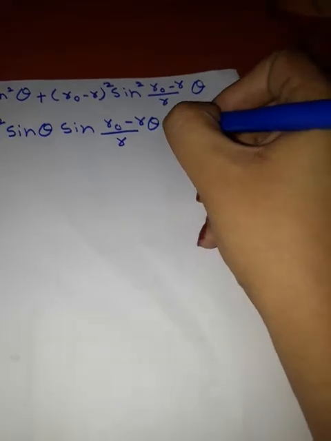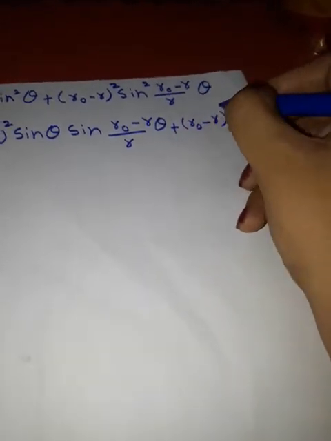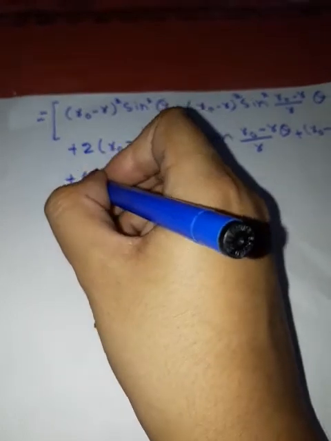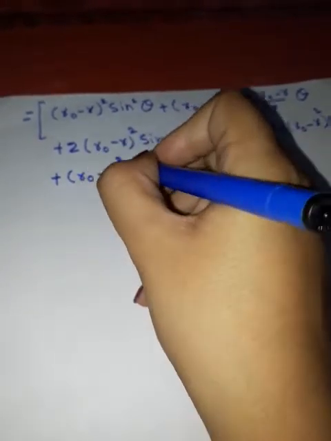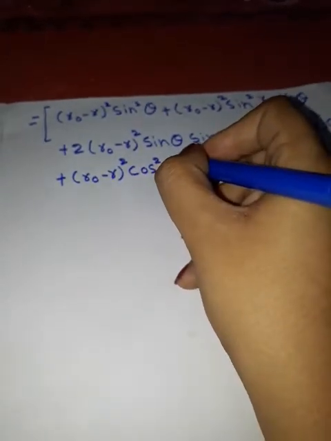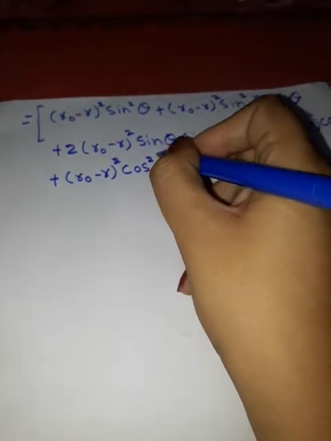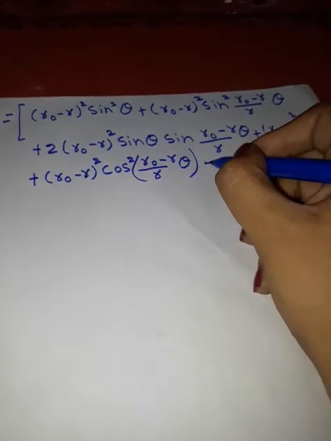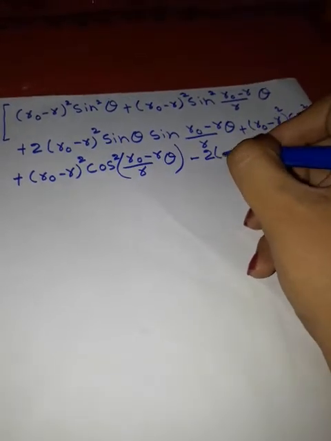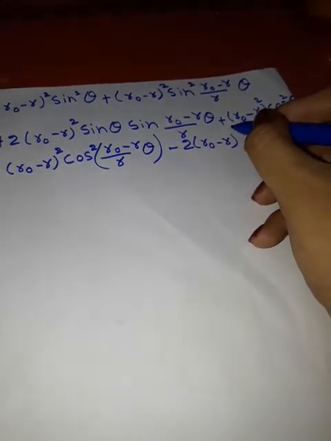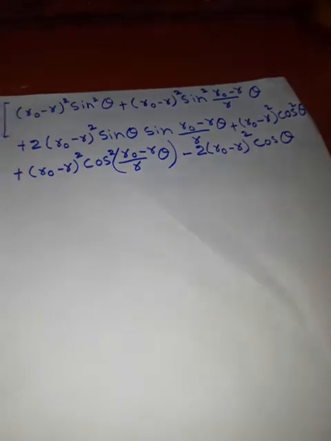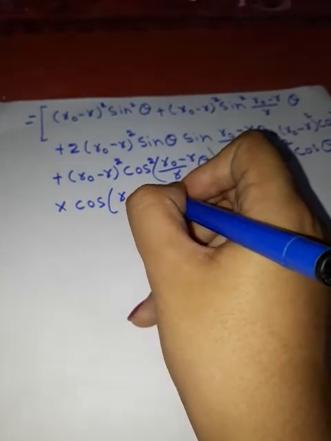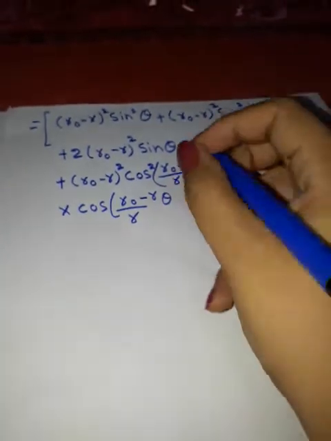So I have plus (r naught minus r) whole square cos square theta plus (r naught minus r) whole square cos square((r naught minus r)/r times theta) minus 2 (r naught minus r) square cos theta into cos((r naught minus r)/r times theta).